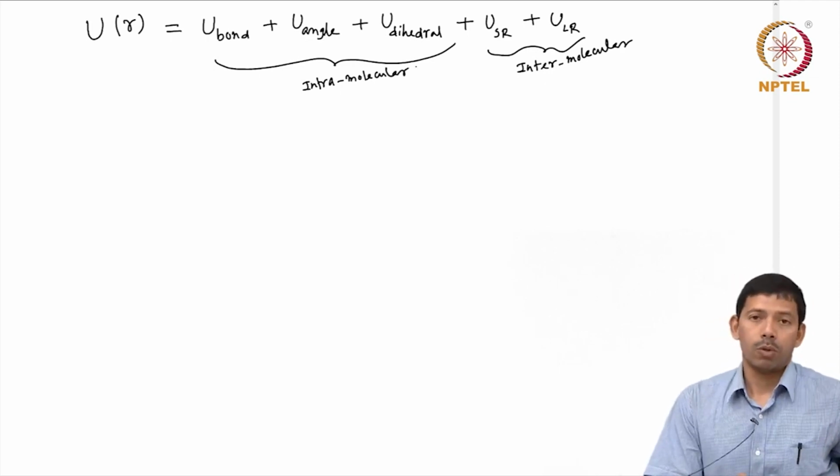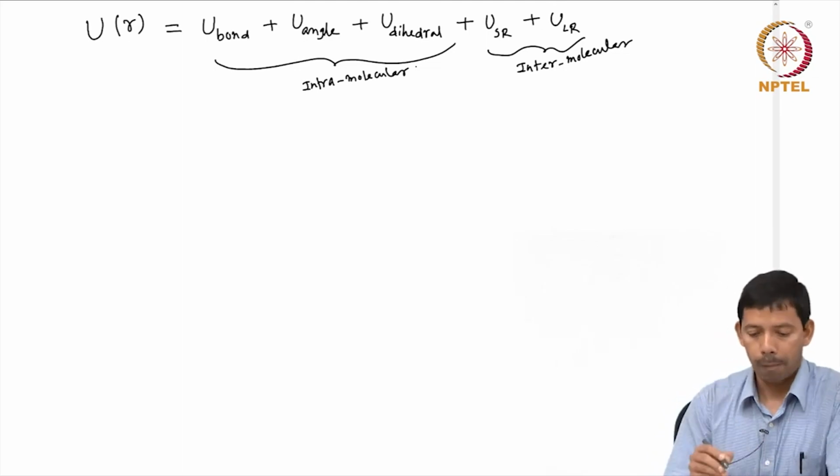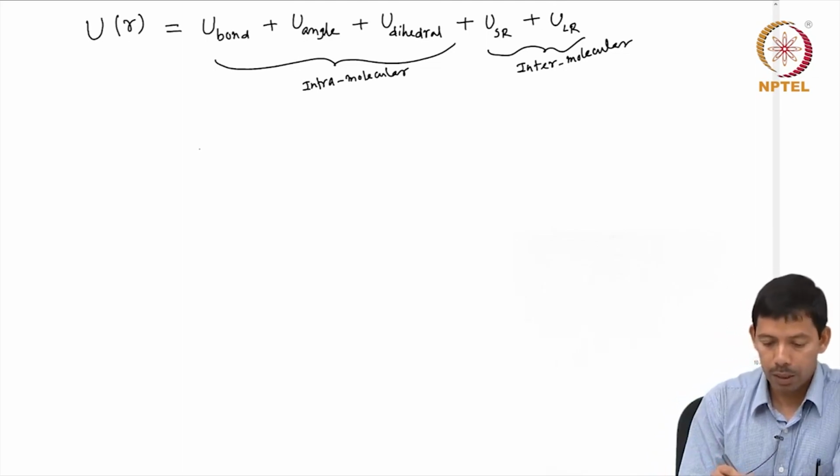So, my total U of a molecule would be something like this, which we can expand as U bond.